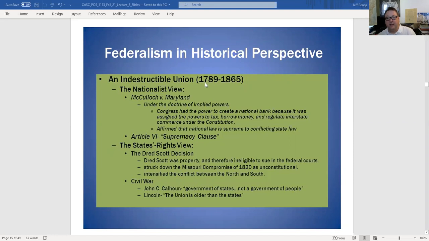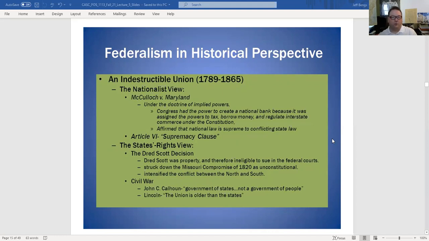In 1791, just a couple years later, Alexander Hamilton, who was in George Washington's cabinet, wanted to establish a national bank. He felt like the Constitution gave Congress that power.